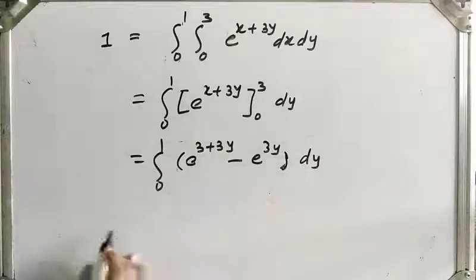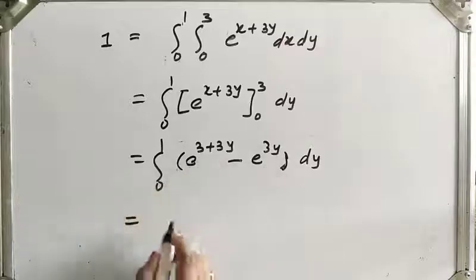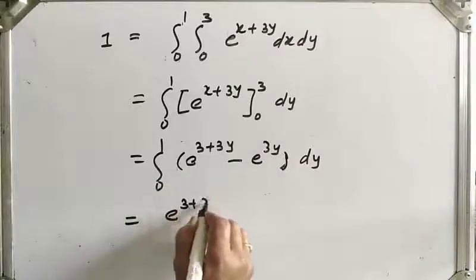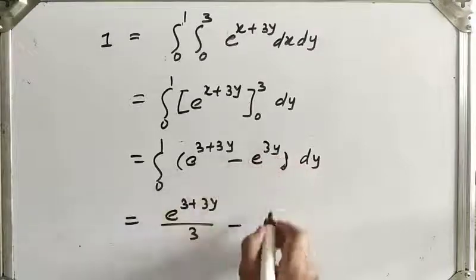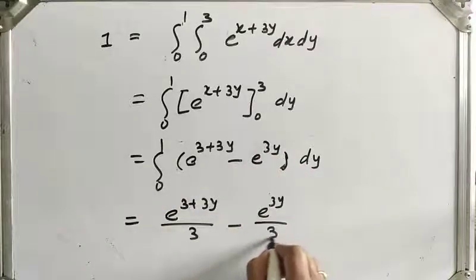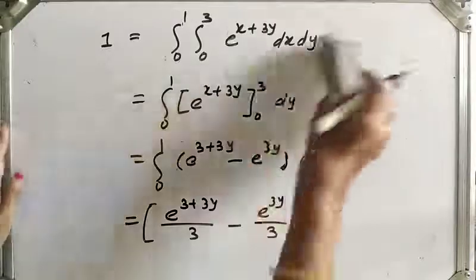Now integrate with respect to y. The integration of e raised to 3 plus 3y with respect to y is e raised to 3 plus 3y upon 3, minus the integration of e raised to 3y, which is e raised to 3y upon 3, lower limit 0, upper limit 1. Now apply the lower and upper limits.